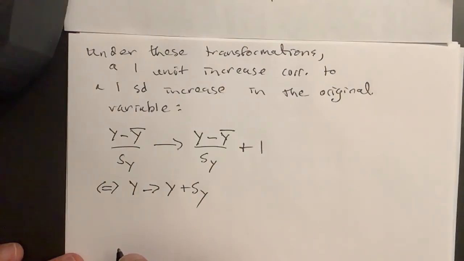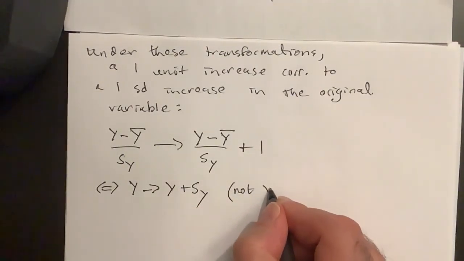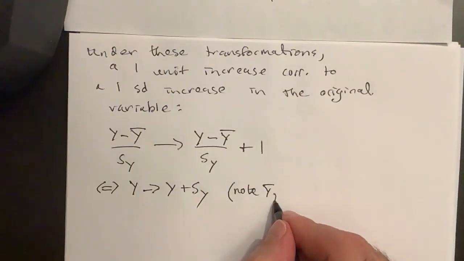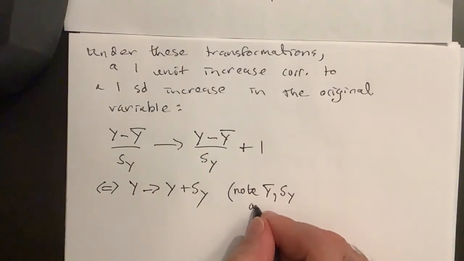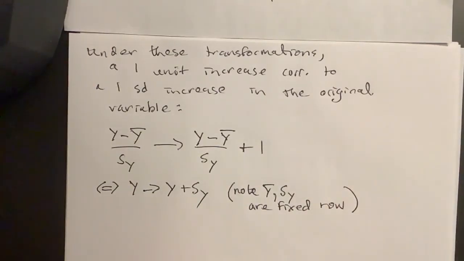I don't want you to get confused here: I'm not saying we're changing the actual vector y, but if I look along values of y under this transformation, where now I look at y bar and s_y as constants, then this is true. Sorry if this is confusing. Y bar and s_y are fixed now, so they're not changing.